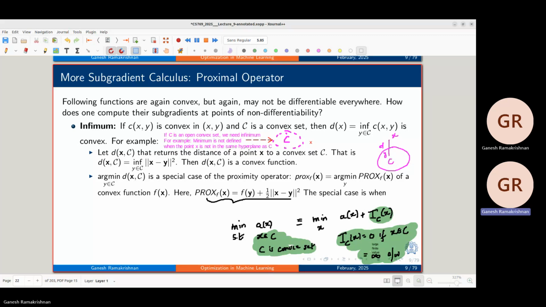So the minimum is not even defined. So what will you do? You'll use an infimum. Why infimum? Because C may be open. Therefore, infimum makes sense. So infimum of x minus y norm square. I hope everything in this slide has made some intuitive sense. We'll see more of this. This is our first brush with this proximal.